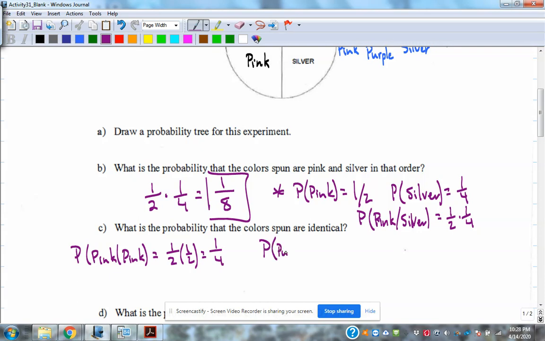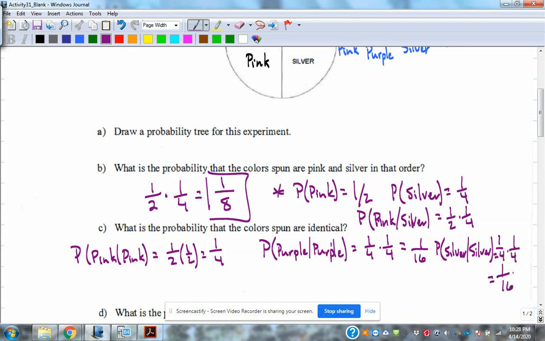Probability of purple: 1/4 probability getting purple the first time, 1/4 probability the second time, 1/16. And then probability silver, silver would be 1/4 times 1/4, 1/16.